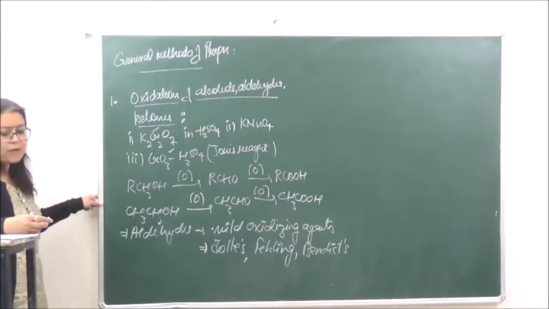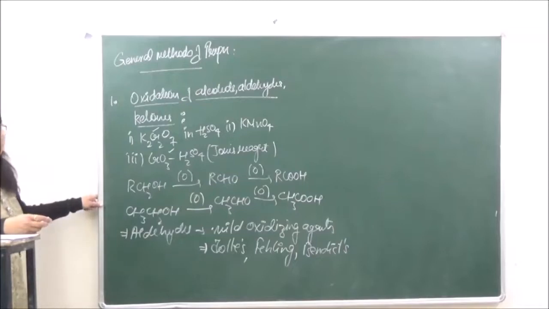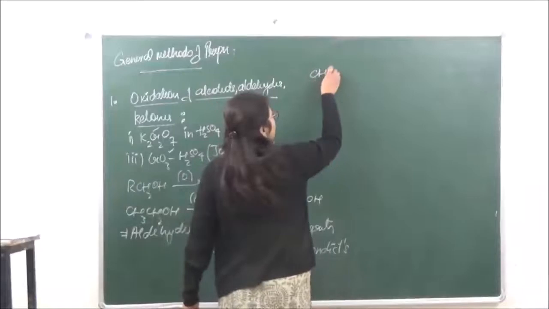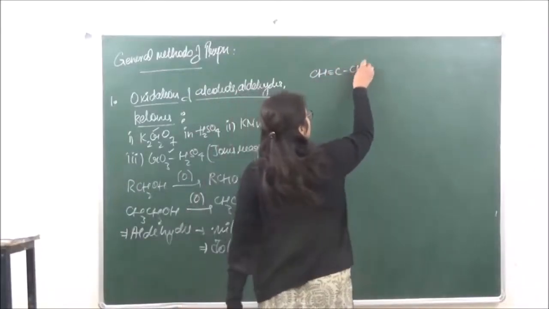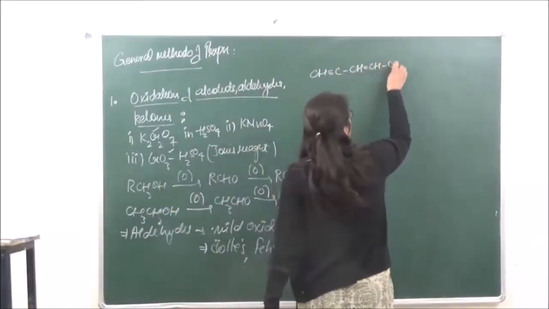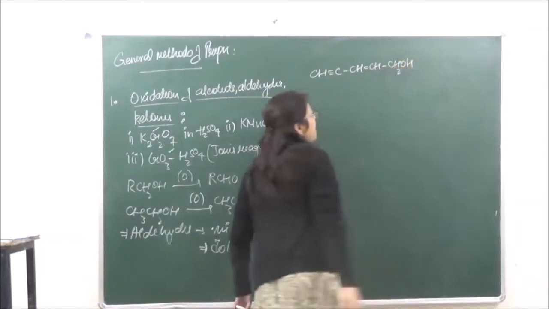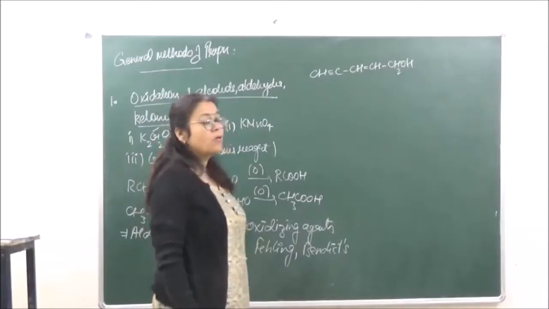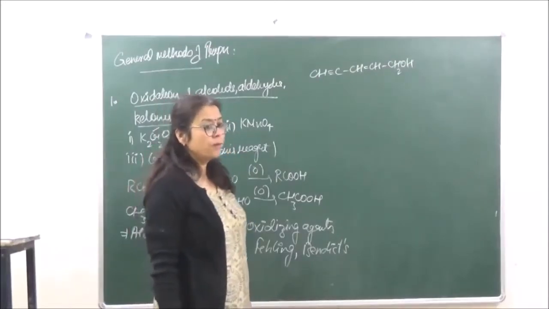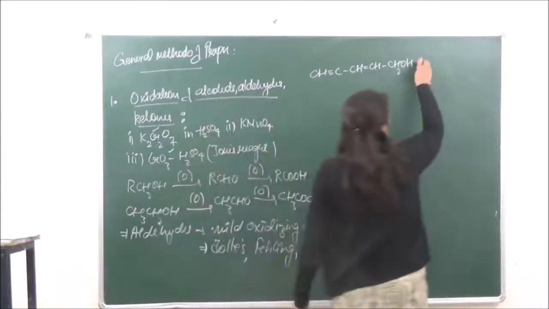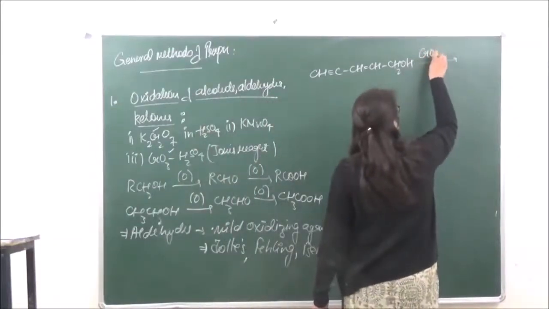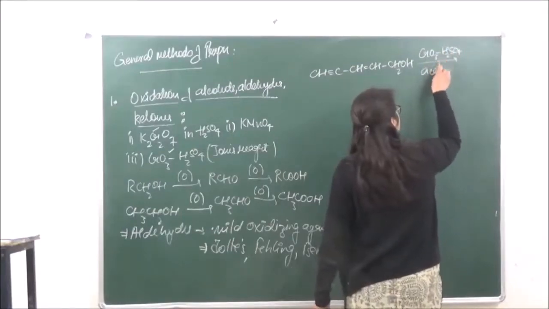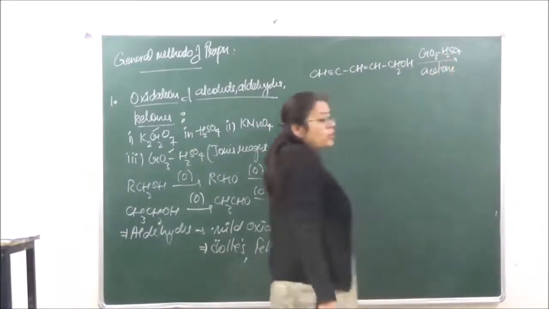Now when we are talking of unsaturated alcohols, for unsaturated alcohols, as for example if this is the compound which we have, and we need to form an acid without affecting the double and the triple bond over here, we use chromium trioxide in H2SO4 in acetone.